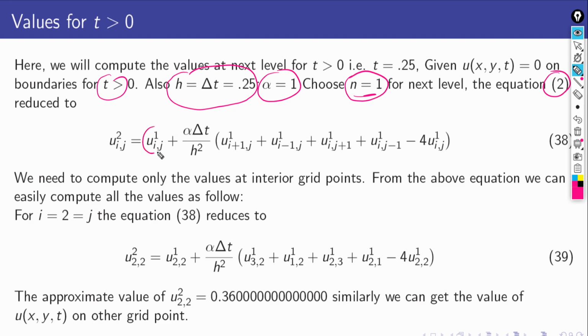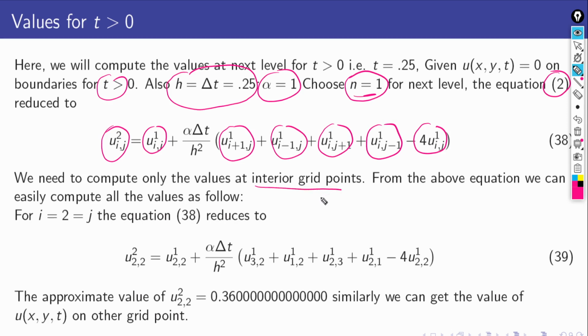These values we have already computed in the previous equations, and with the help of these values we can easily compute the value for the next level.